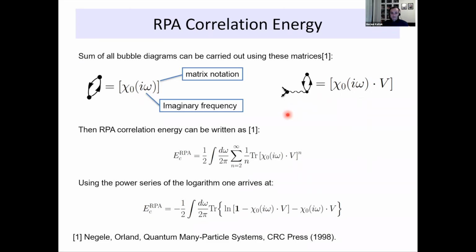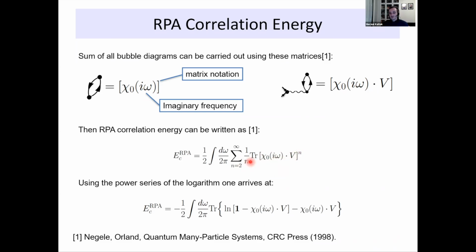Now, if you analyze the topology of these ring diagrams, you will end up with a contribution for the nth order term that looks like so. It is simply this object raised to the nth power and divided by n.